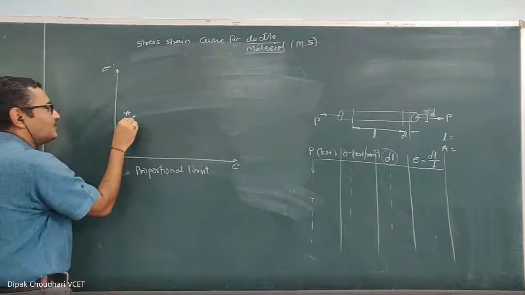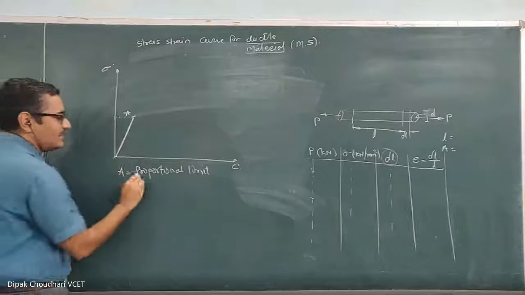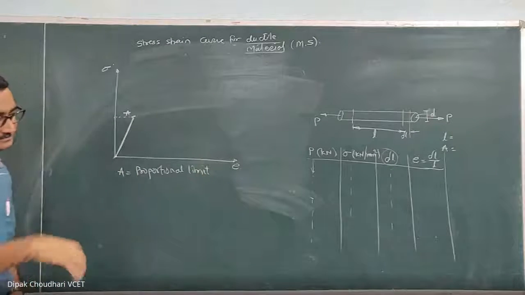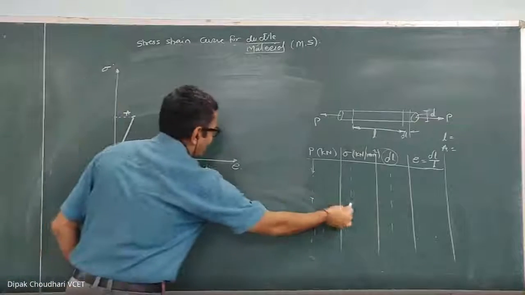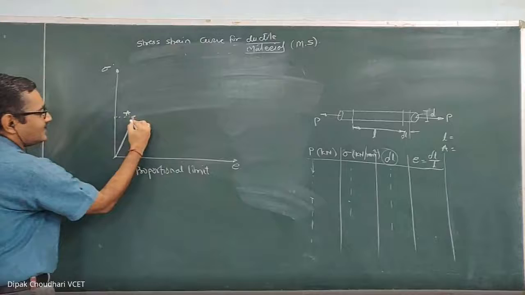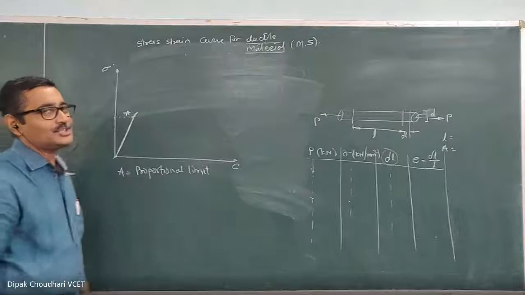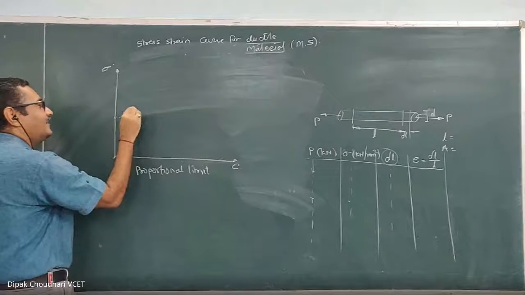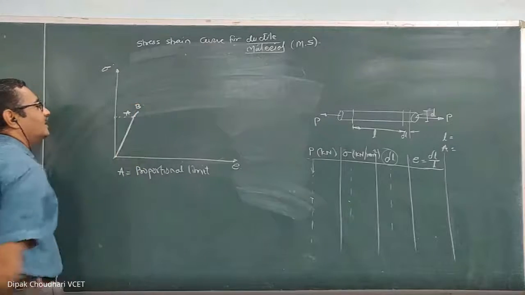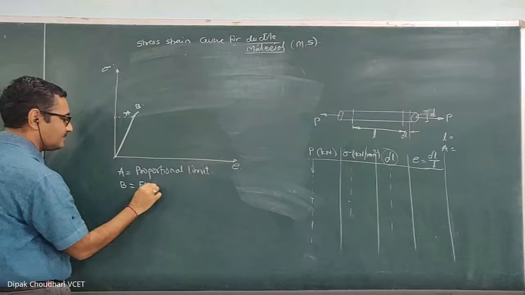After that, if I increase the force P and the corresponding stress, you will observe that the graph deviates slightly. The stress won't be proportional to the strain, and very close to point A you will get one point, and that point is known as the elastic limit.